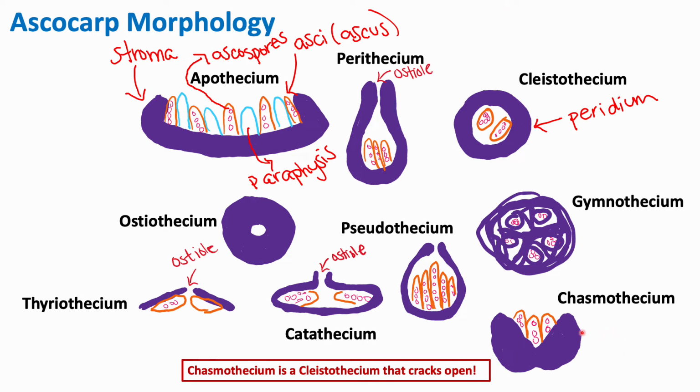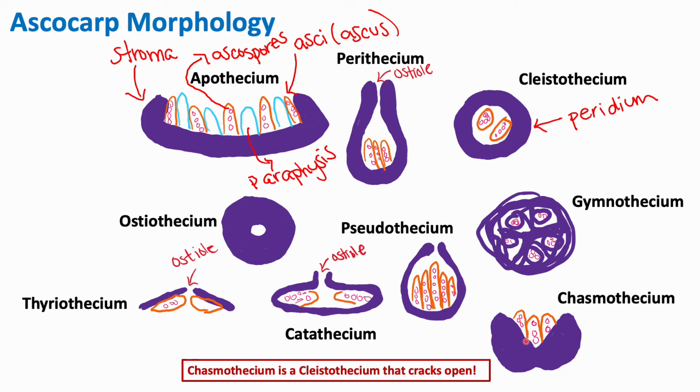Next, we have the chasmothecium. The chasmothecium kind of looks like a peanut of some sort that's broken in half. That's how we can think about it. So it's cracked open, and when it cracks open, it exposes the asci and the ascospores within the asci.